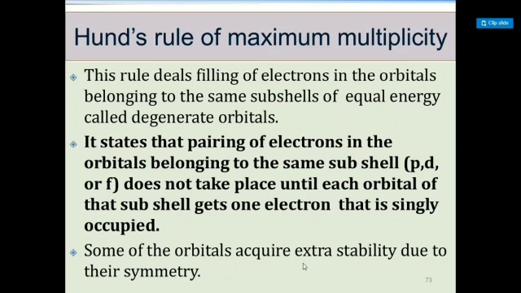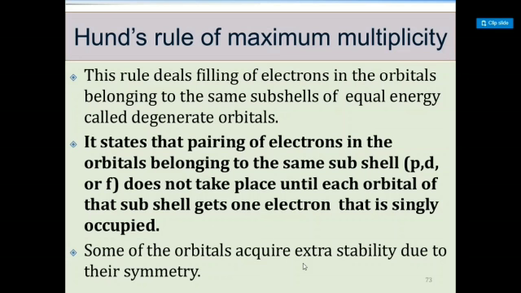Next is Hund's rule of maximum multiplicity. This is one of the important rules for entering electrons. Whenever you fill electrons in orbitals belonging to the same subshell, of equal energy, called degenerate orbitals, it states that pairing of electrons in the orbitals belonging to the same subshell p, d or f does not take place until each orbital of that subshell gets one electron, that is, singly occupied.